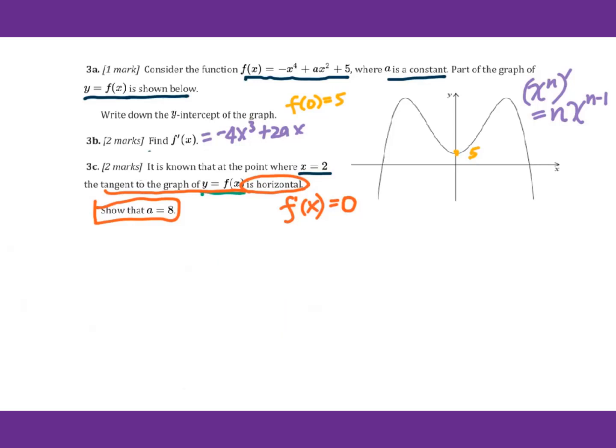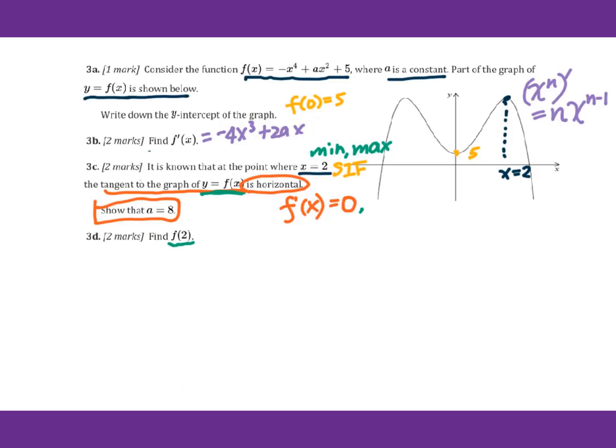The tangent to the graph of y equals f of x is horizontal. It means the derivative equals 0. And it also means that for this x, it is either a minimum or maximum point, or it could be a stationary inflection point. For this question, we could say x equals 2 is a maximum point.